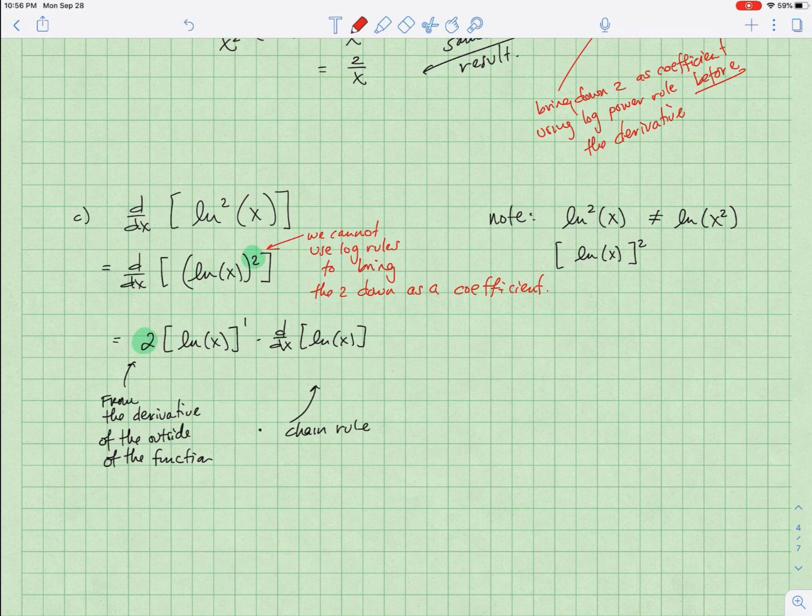This is from the derivative itself. So do not confuse the two.